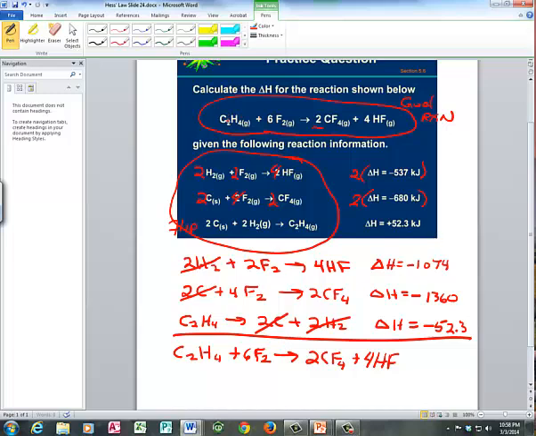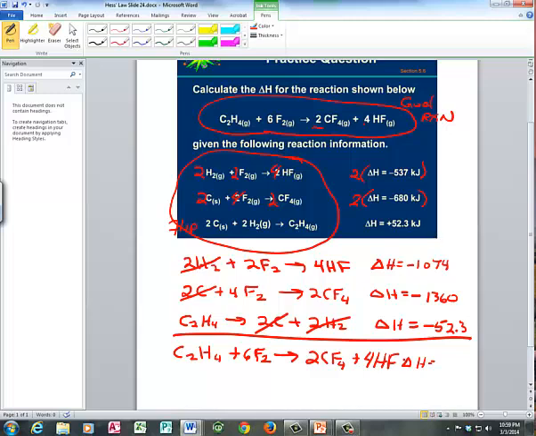So my target reaction is C2H4 plus 6F2 gives me 2 CF4s plus 4 HFs. And if I go back down, that's identical to the reaction that I got. So all I have to do is add up the delta H for each of my path reactions, and I'll get the delta H for my target reaction. And I'm going to go ahead and do that.